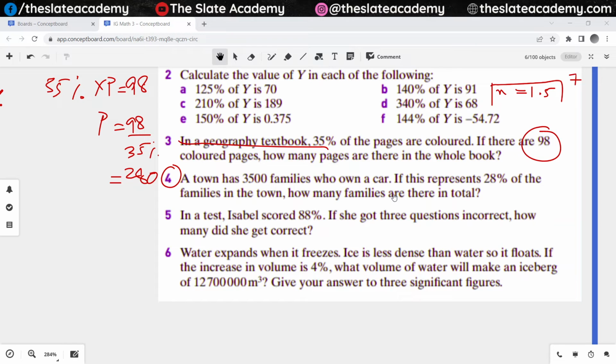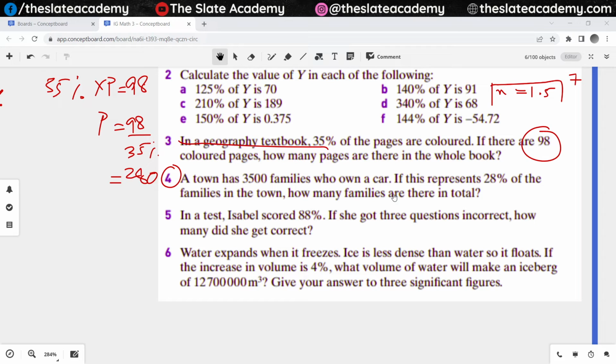Yes, Miss Anam. 12,500. 12,500. Not 125,000, not 980.